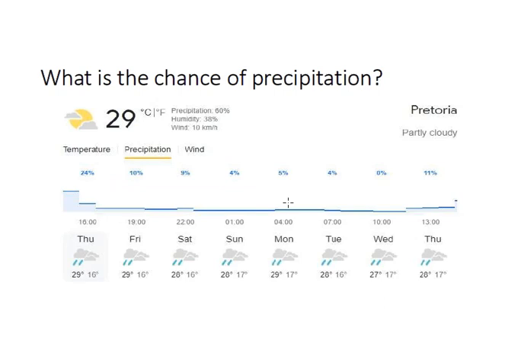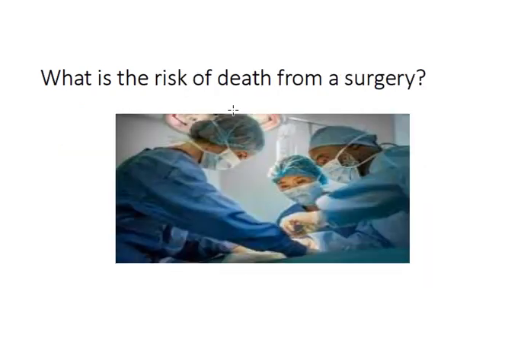Let's look at some tangible examples. What is the chance of precipitation today? In this picture, you can see some of these values: 24%, 10%, 9%, or even 0%. We always check these numbers on our phone before going out. Or what is the risk, or the chance, of death from a surgery?